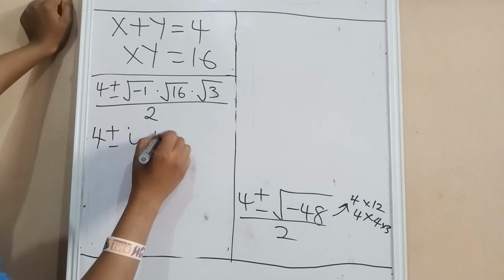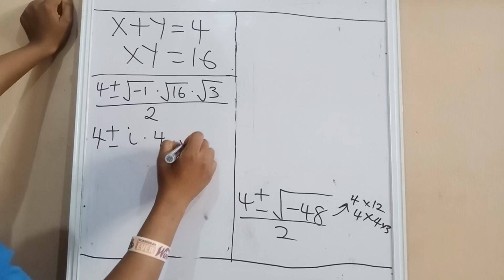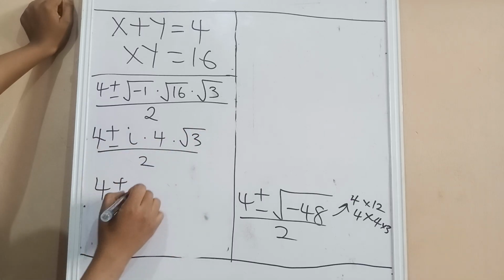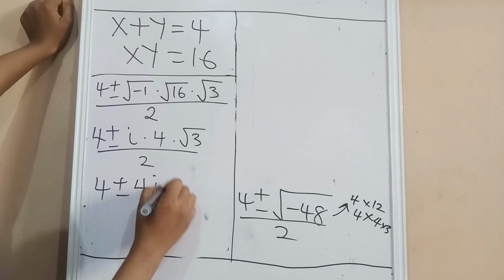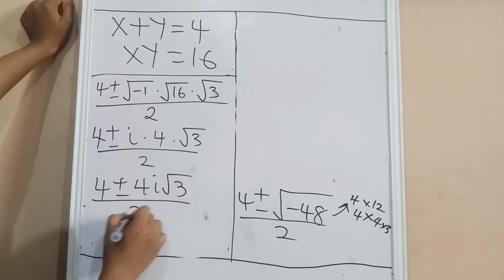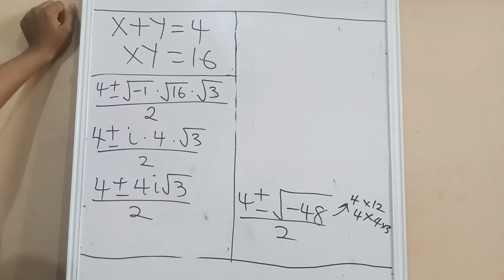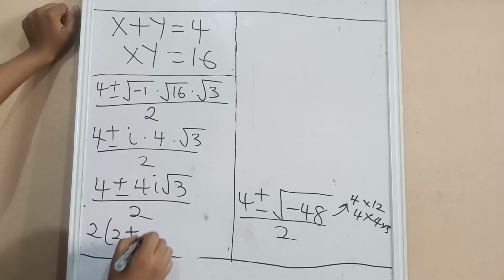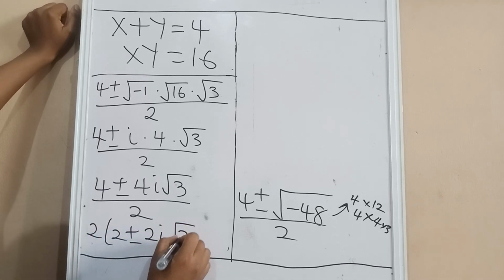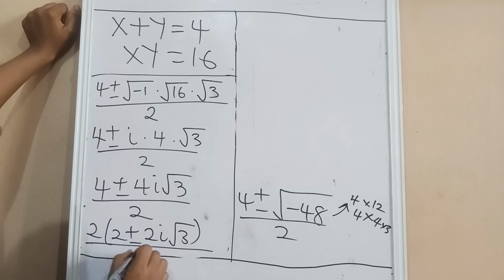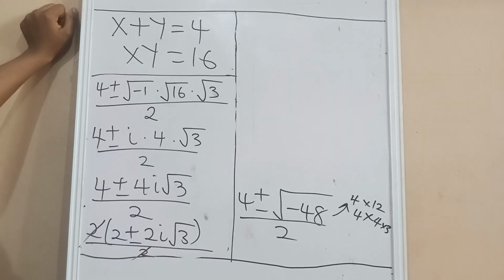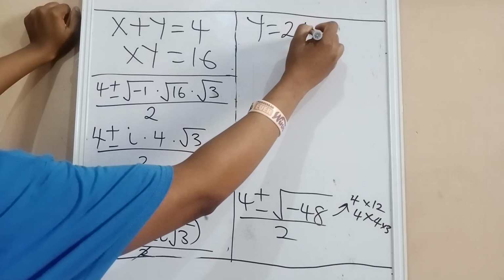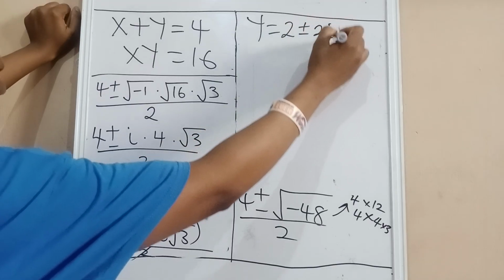And this is going to give us 4, and this will give us root 3, all over 2. So we have 4 plus or minus 4i root 3 all over 2. We can factor out 2, 2 is common, and cancel that. So our y is 2 plus or minus 2i root 3.